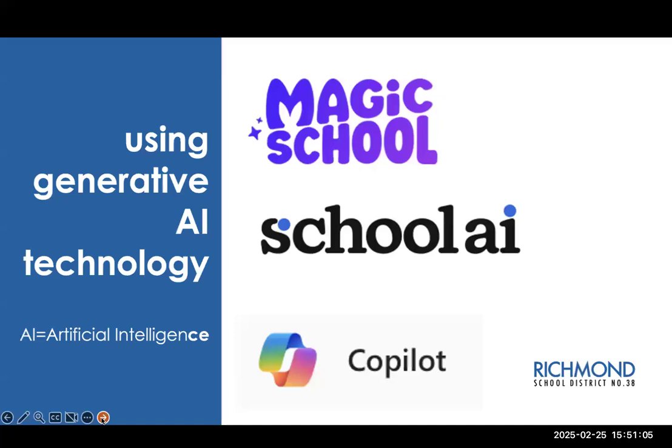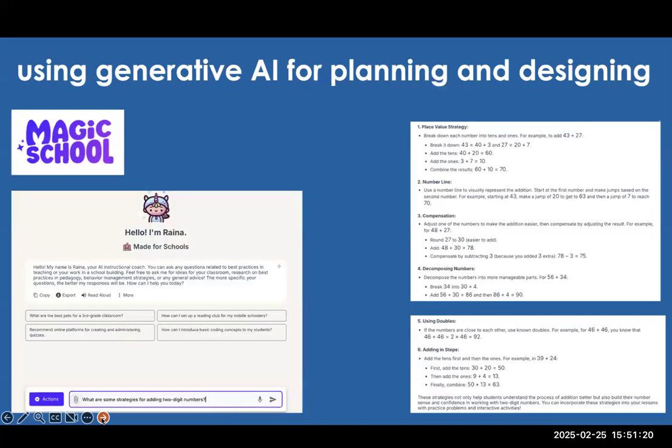In our district, we're piloting the use of Magic School and School AI, and some teachers in our district have signed up to look at those. We also have access to Copilot through Microsoft 365 and their suite of apps. I've played around a little bit with Magic School as one example, to think about how to support my planning and designing for teaching and learning.